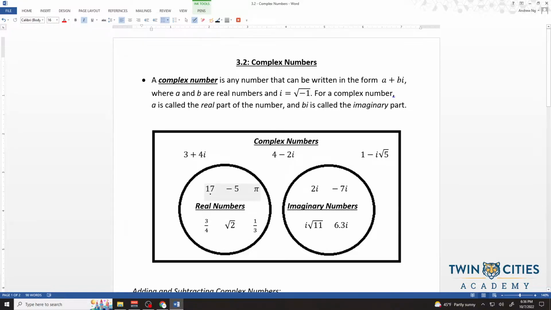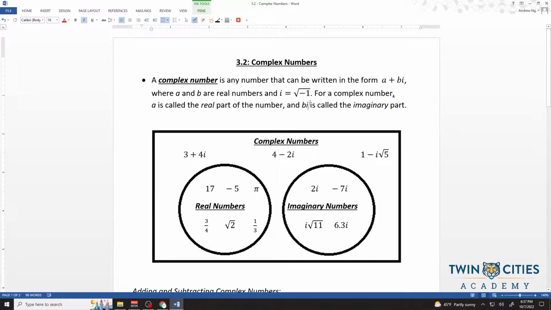Because technically, I could write 17 as 17 plus 0i. I could write -5 as -5 plus 0i. I could write pi as pi plus 0i. And so we see real numbers are actually part of the set of complex numbers.